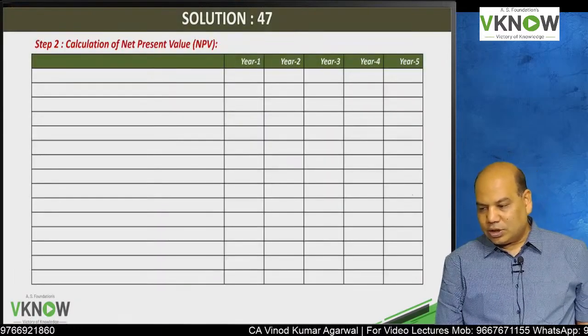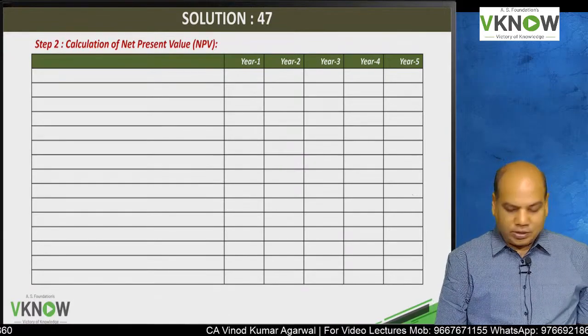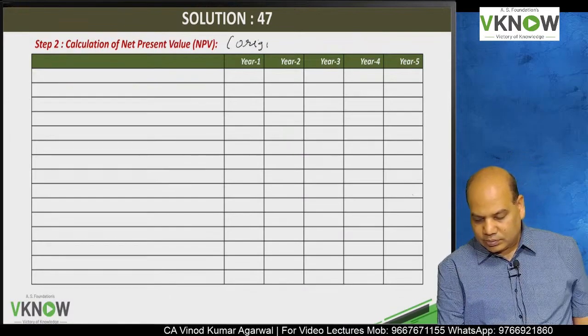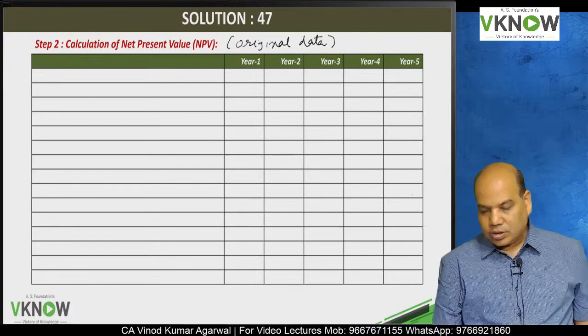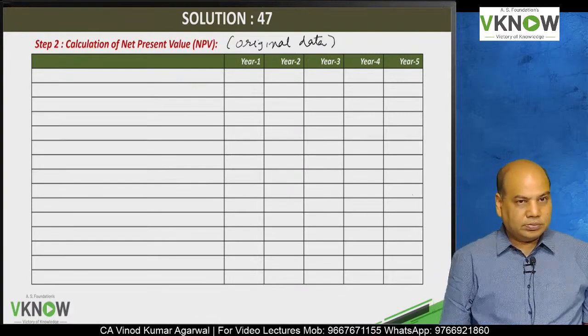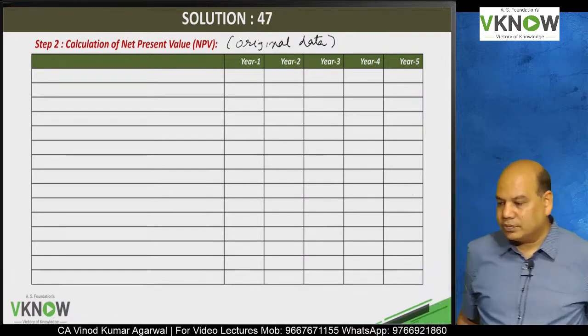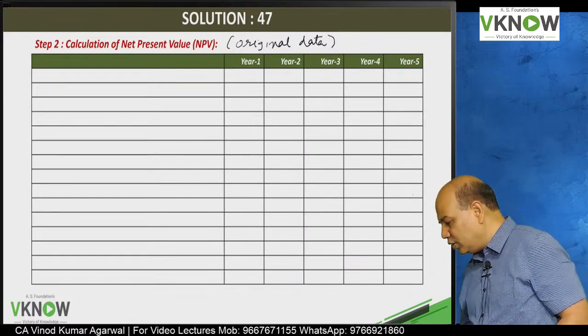Now write down calculation of NPV. This is my original data. Write down based on original data. Right hand side 5 columns. Draw the table first. Preferably use a scale.